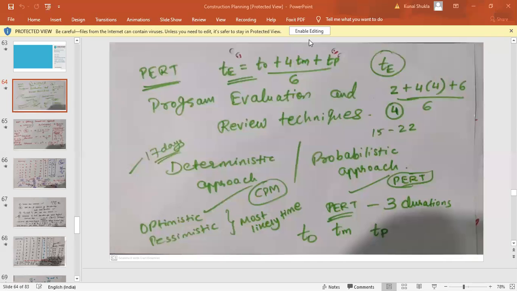Can anyone tell me quickly? Latest time. Okay, very good. Latest time and the earliest time. Latest event time and earliest event time.